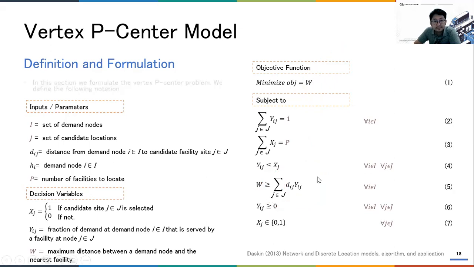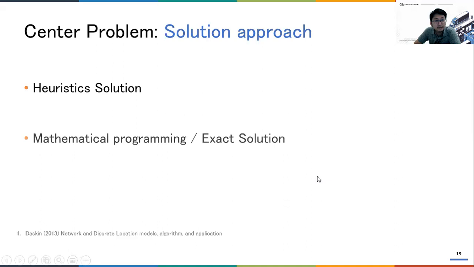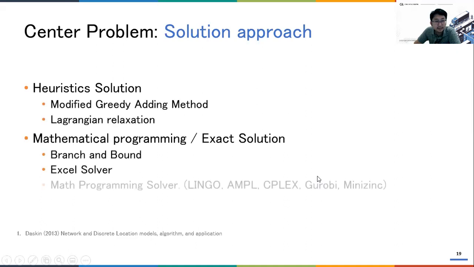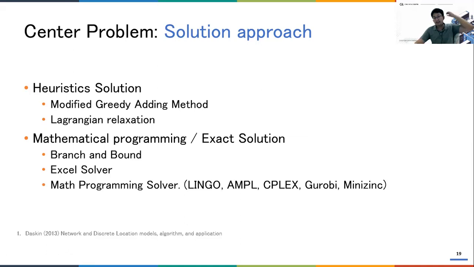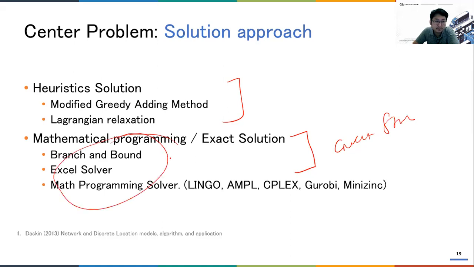And then, again, you can select whether to use heuristic or mathematical programming, but that's not going to be easy. You need to consider the characteristics of the problem you are going to solve. If it is crucial or strategic, you will try as much as possible to use mathematical programming or exact solutions.